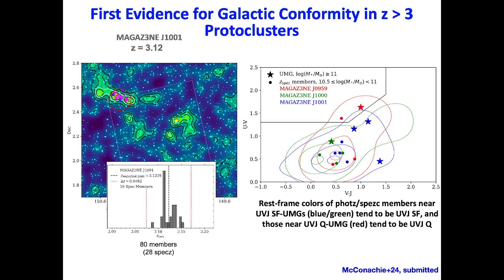Their members tend to be UVJ star-forming. In contrast, those near the UVJ quiescent UMG, which is shown there in red, tend to be UVJ quiescent. So this is evidence for galactic conformity above redshift 3 in these protoclusters that we've discovered in the MAGAZINE survey.